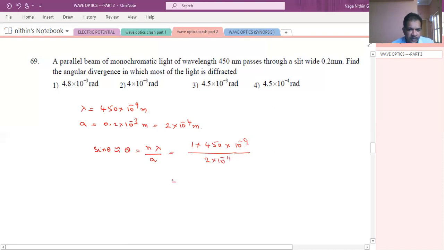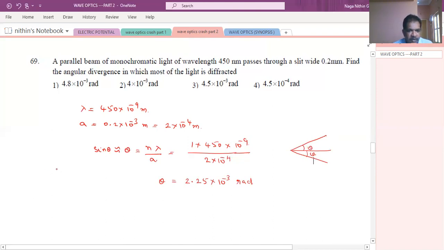If we calculate, this is 2.25 into 10 power minus 3 radian. It is diverging like this. This value we calculated; this also we have to add.